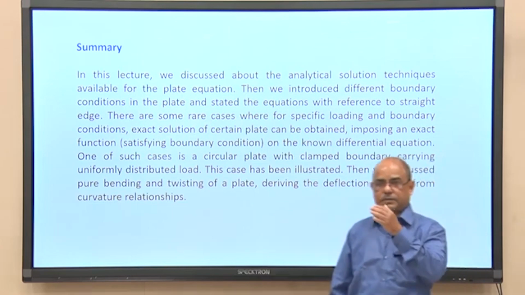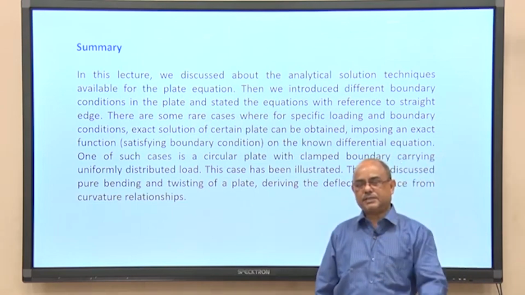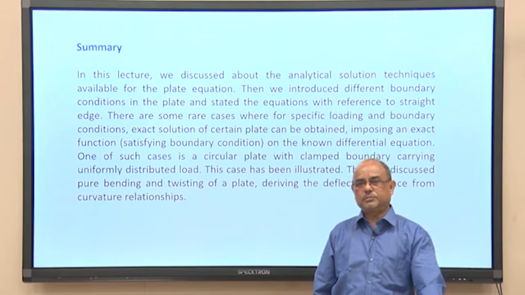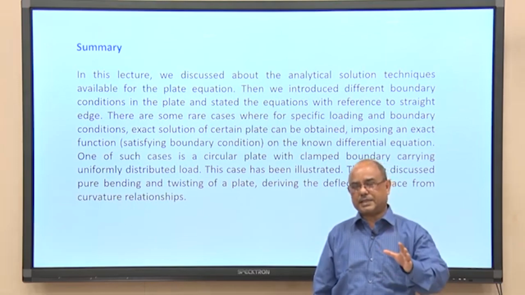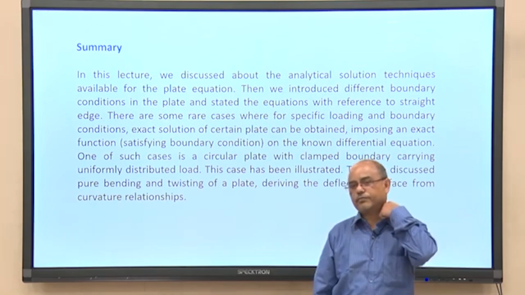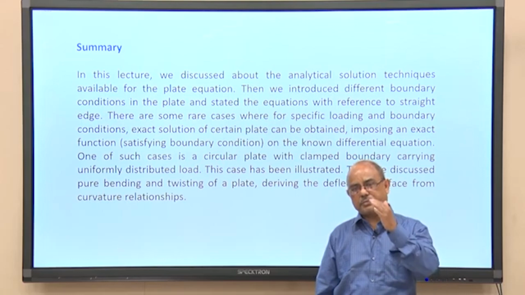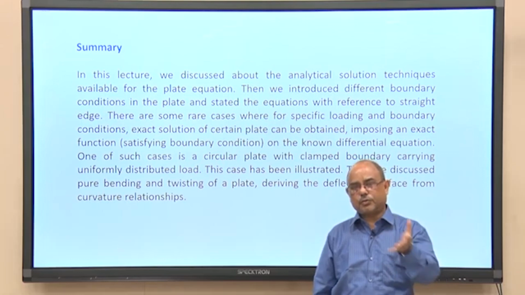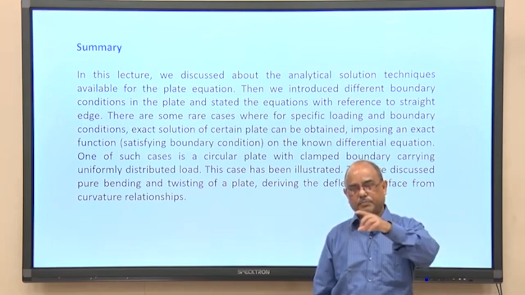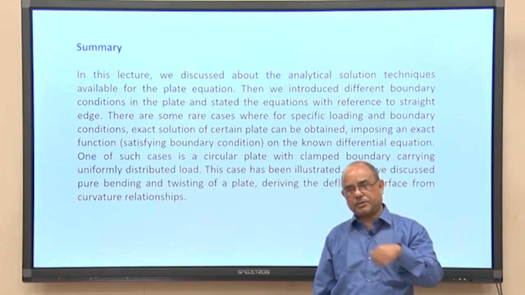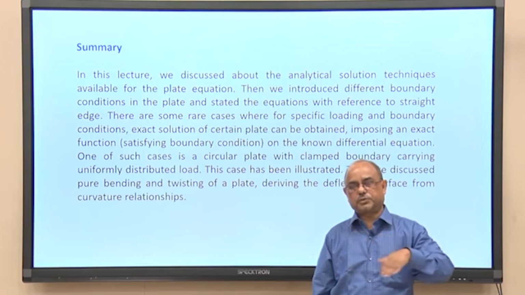Then I have focused that there are some cases where the closed form solution can be readily obtained. So, these are the rare cases, and it happens for some particular boundary condition and particular type of loading, not for all cases. Okay. Very limited cases it can be obtained. So, one of such cases is the circular plate clamped along the edges and subjected to uniformly distributed load.